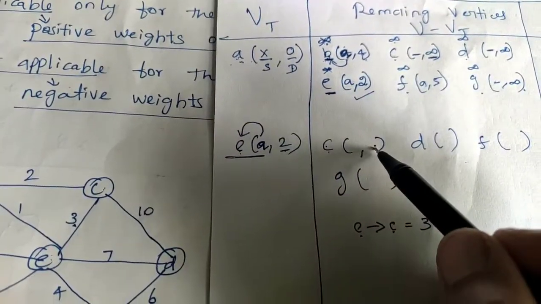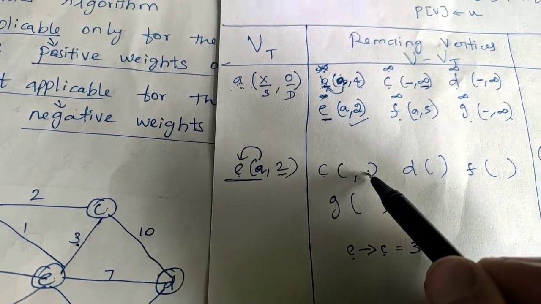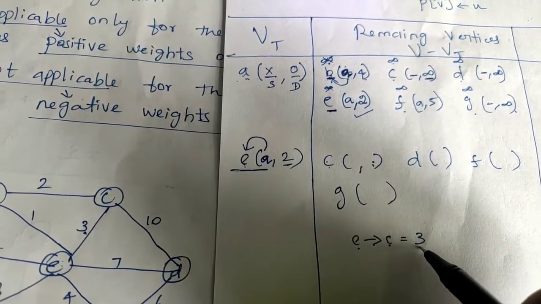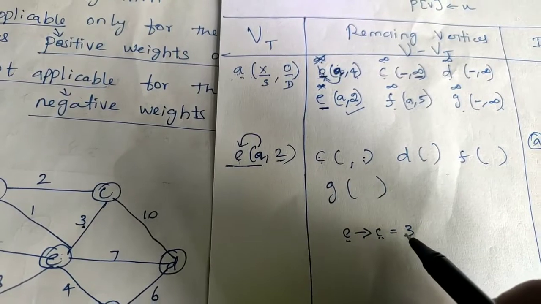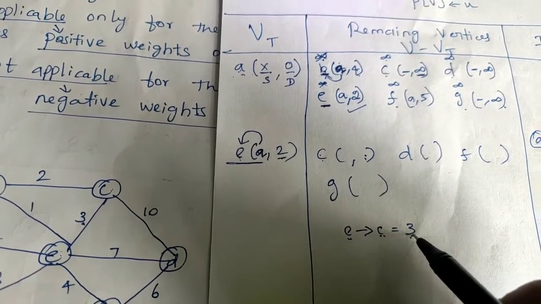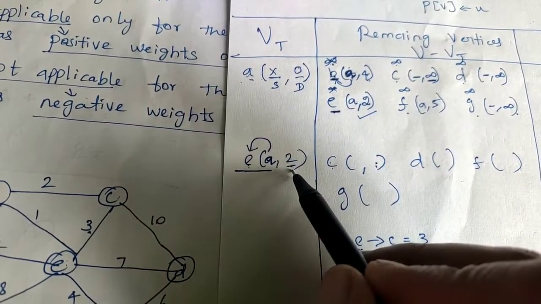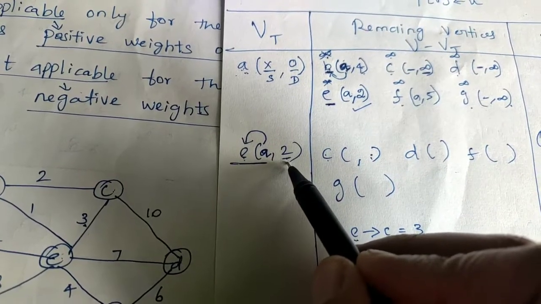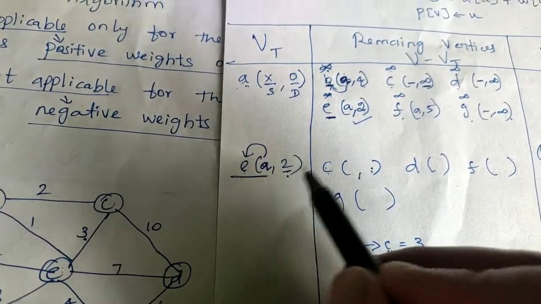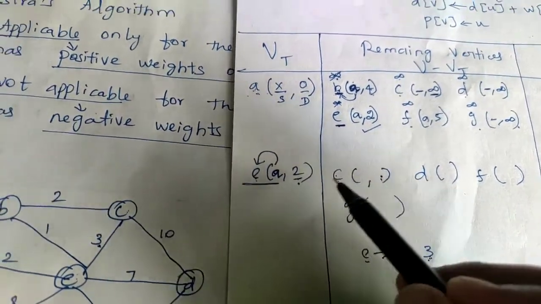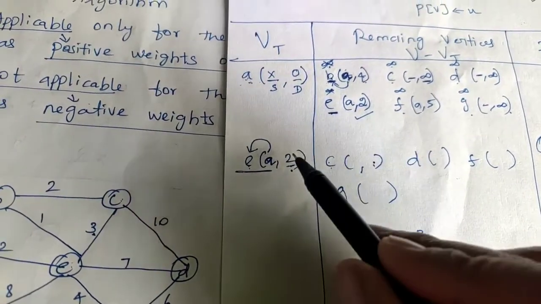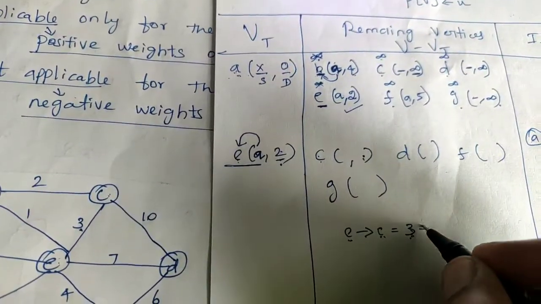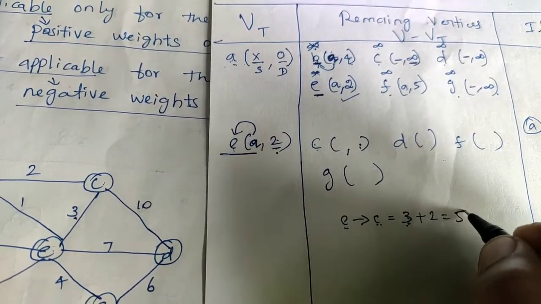While writing a distance here, I should not write 3 as it is. E to C weight, that is 3, plus whatever weight I have here, that should be added together and written here. So if I add 3 plus 2, the distance will be 5.